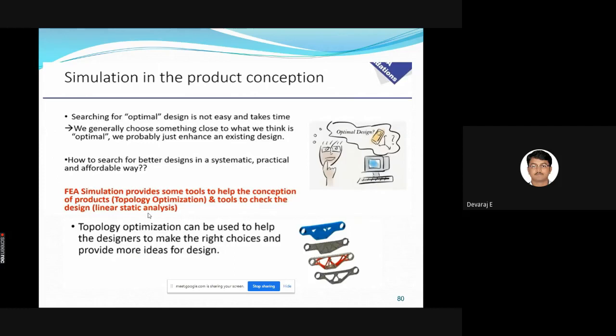When you go for fatigue or dynamic analysis, this topology optimization of the design is not okay. After converting the original design into topology optimization, then again you should do the fatigue analysis, then the dynamic analysis, vibrations, everything, depending upon where this product is used.